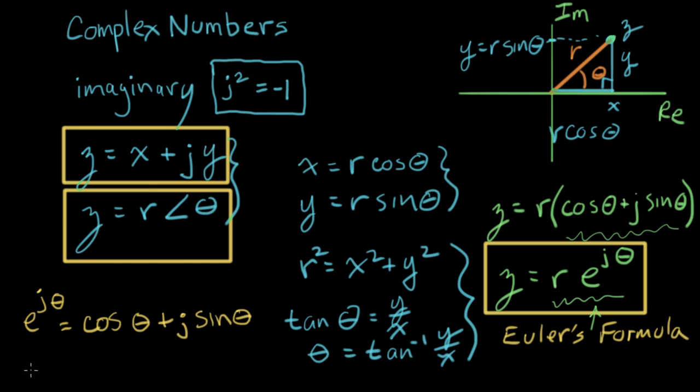The other form has a negative exponent: e to the minus j theta equals cosine theta minus j sine theta. So that's Euler's formula. Sal has videos on how to derive this equation, and you would search on this term in Khan Academy.